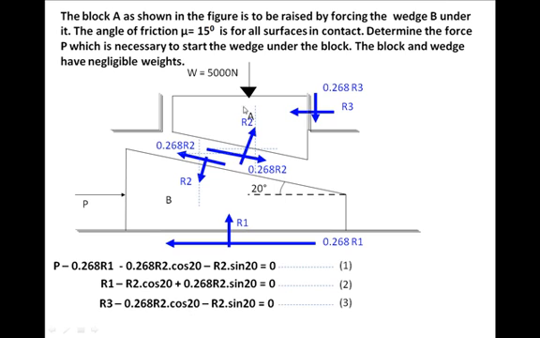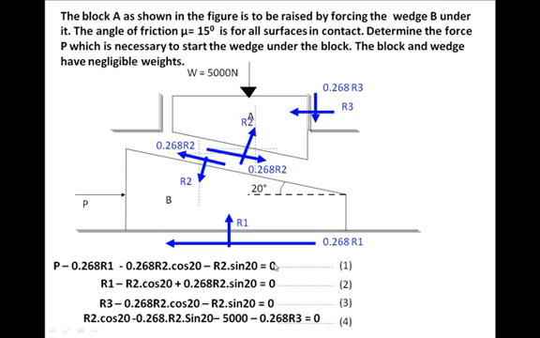So we have this sigma Fx, and sigma Fy is R2 cos 20, 0.268 R2 sin 20 minus 5000 and 0.268 R3. Mind you, here the motion is trying to be upward, so upward forces are positive and downward forces are negative. And for block A, because block B tries to move towards the right, block A tries to move towards the left, and that's why here R3 is positive, and the rest of them are negative. So we have sigma Fx = 0, sigma Fy = 0 for the upper block and the lower block.